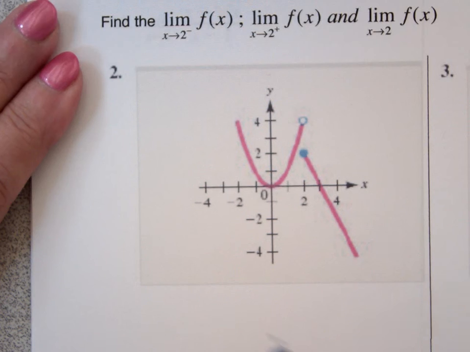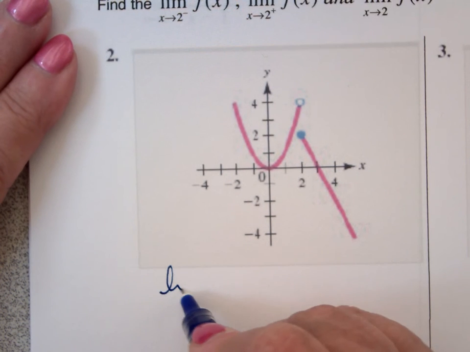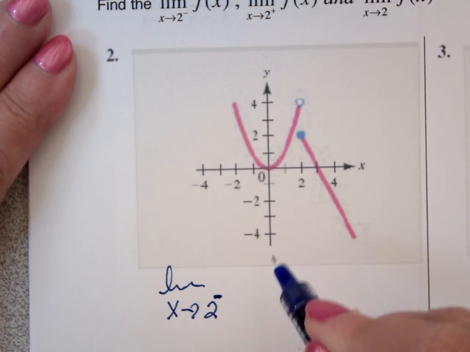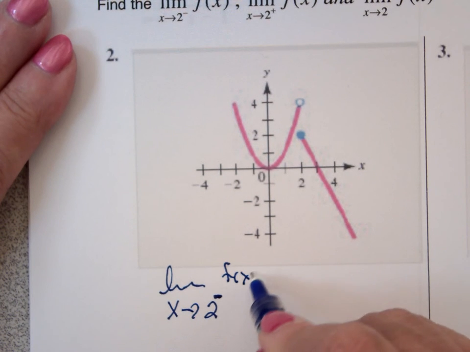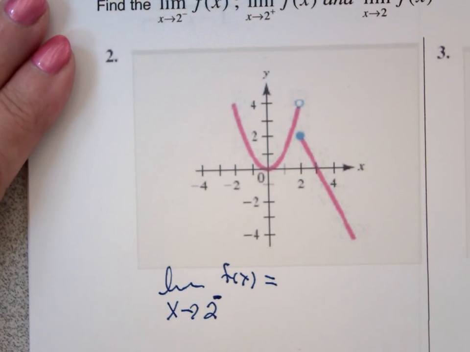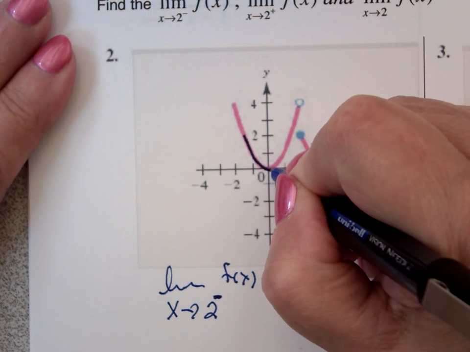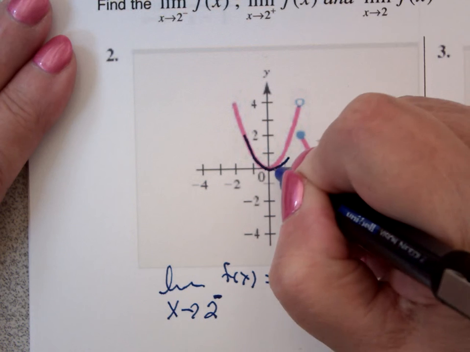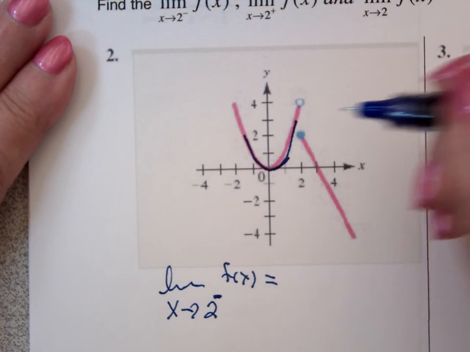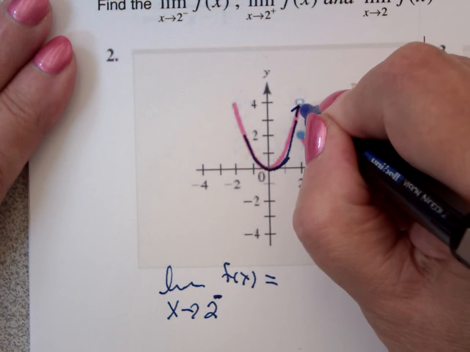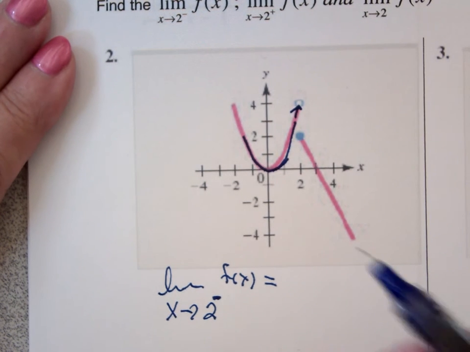Well, if I look at the limit as x approaches 2 from the left of that function, that's Howard. So he's coming in, la la la la la, watching the flowers and the birds, maybe looking for a morsel of food, and then he ends up right there. And where's he going to end up? 4.